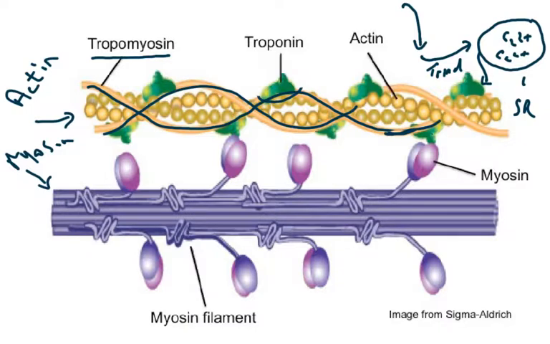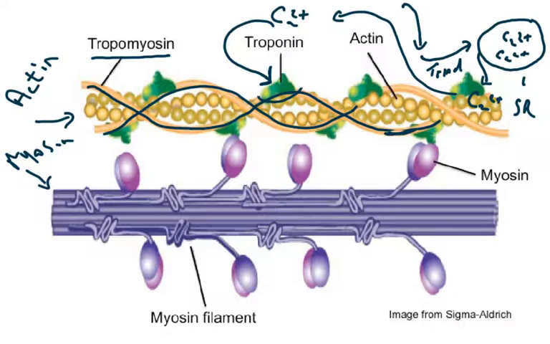And then, what happens with the calcium ions that are released into the muscle itself? It'll actually bind to an active site in troponin. And what happens when 4 calcium ions bind to troponin?